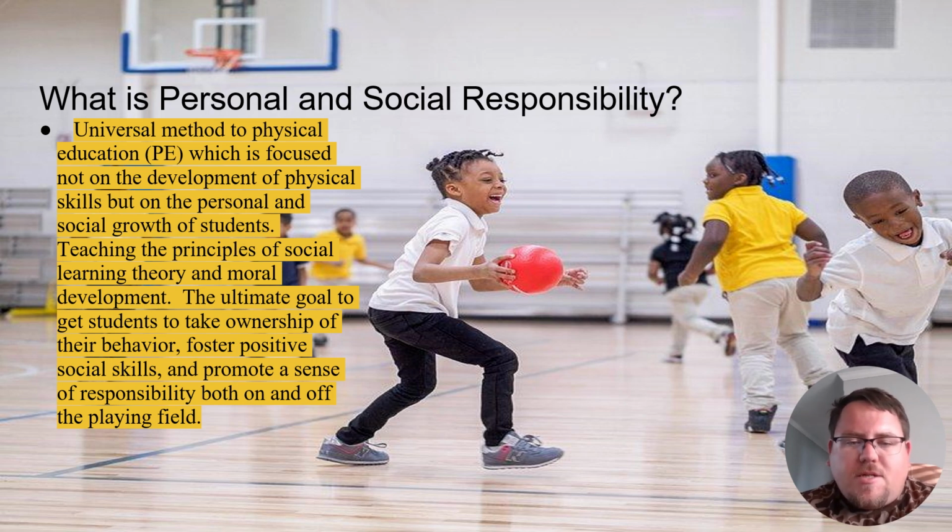You want to make sure they take ownership and work on it, as with anything else, it's an ongoing process. But yeah, you have to start with showing them what to promote for a positive response. And this obviously goes on and off any sports field, court, into a classroom, into just everyday life.